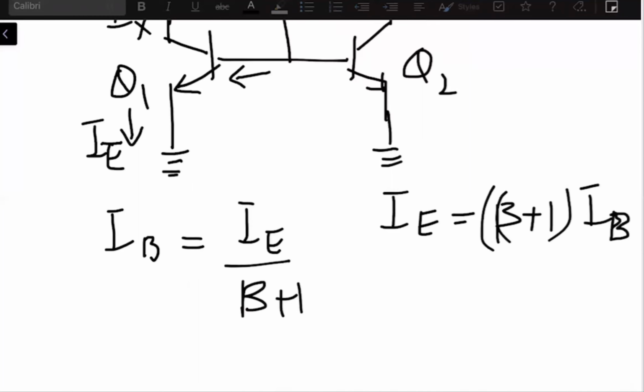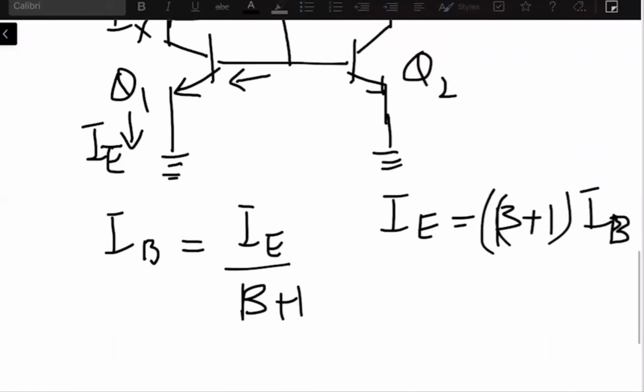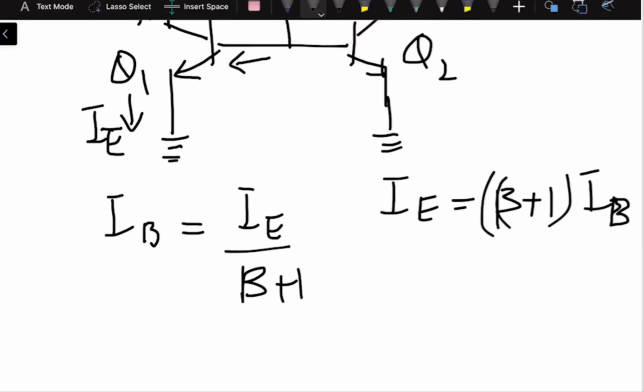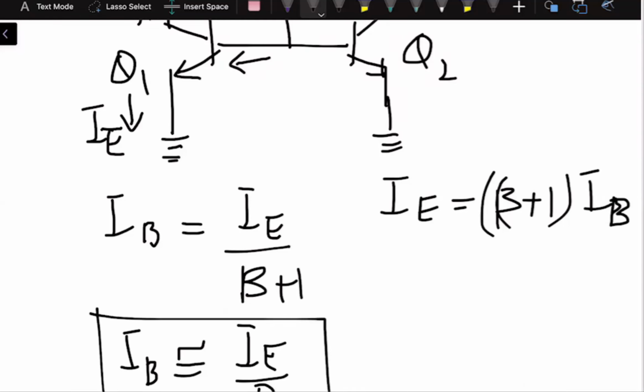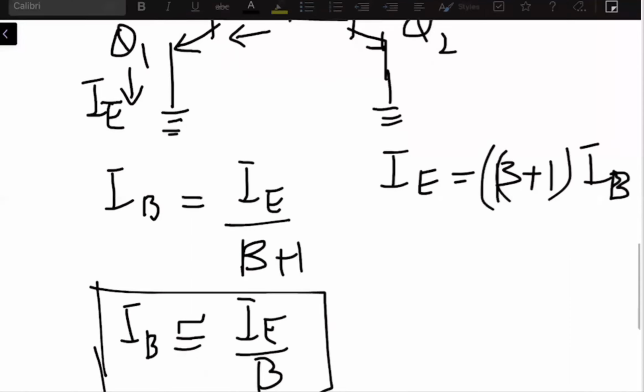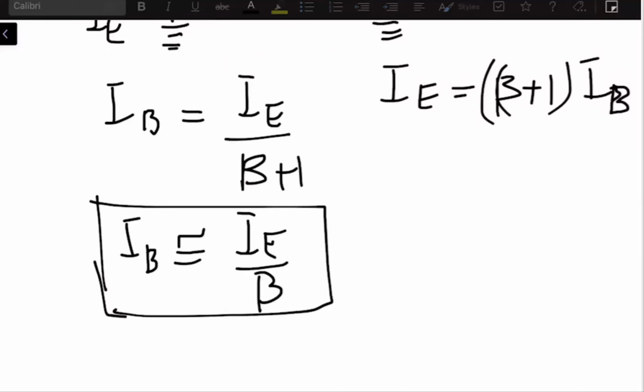But as beta is a big value, we can say that IB is approximately equal to IE divided by beta, because beta is a big number. Instead of writing beta plus 1, we can write beta.